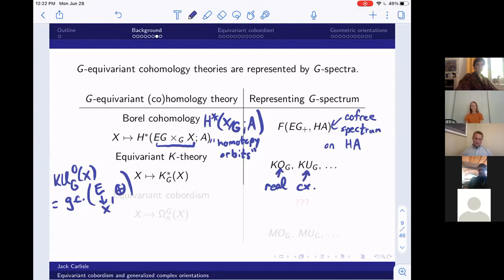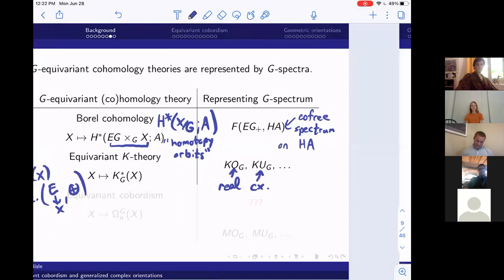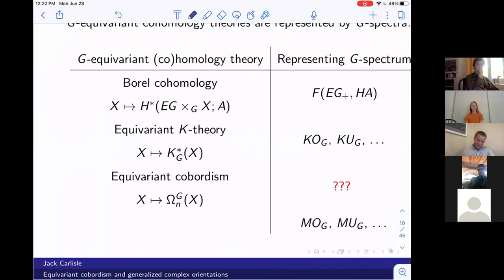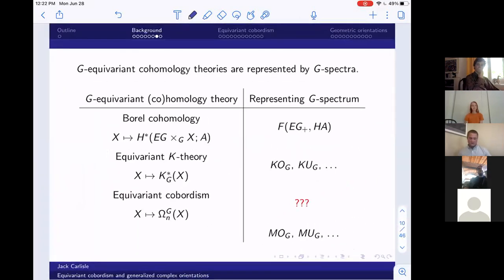Okay, great. So now I want to get on to the main topic of our talk today, which is equivariant cobordism. So let me explain what's going on here. On the bottom left-hand side of the screen, we have this Z-graded equivariant homology theory.